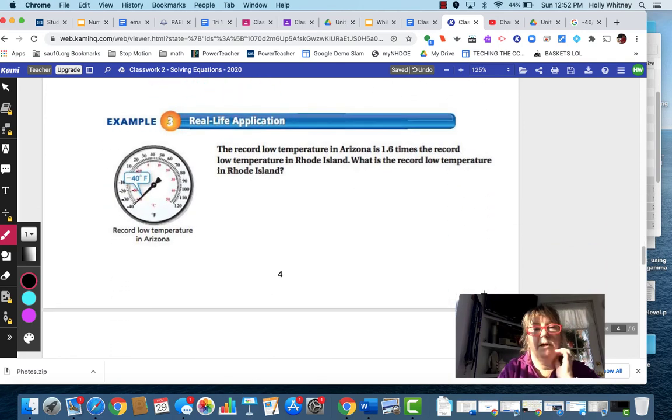Okay, so a real-life application. The record low temperature in Arizona is 1 6/10 times the record temperature in Rhode Island. So we're going to say that Arizona's temp is 1 6/10 times the temperature in Rhode Island.